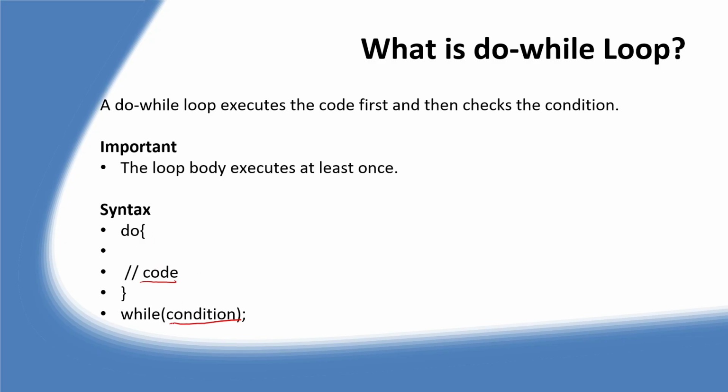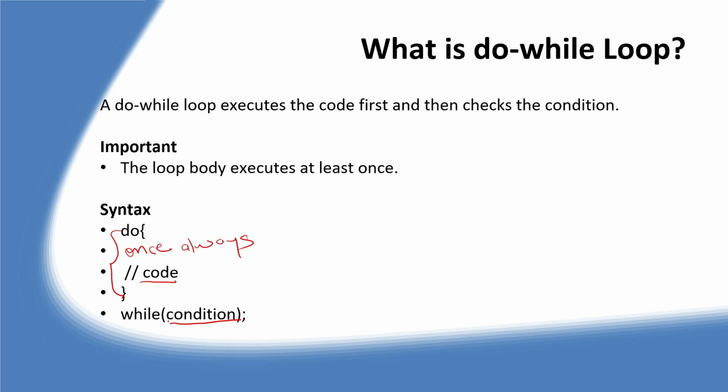Since we are checking the condition after the do block, this code will get executed once, always. Why will this code always execute once? Because we are checking the condition after executing this code.